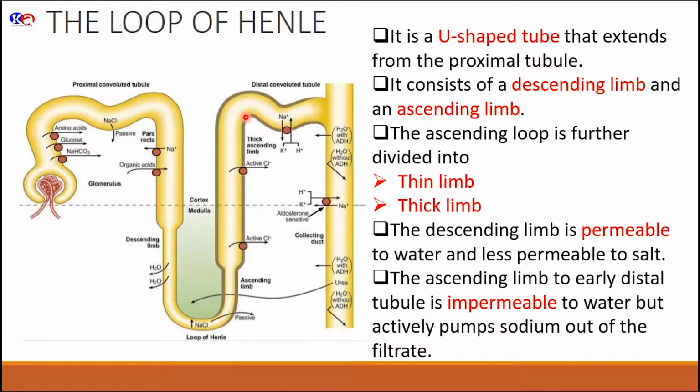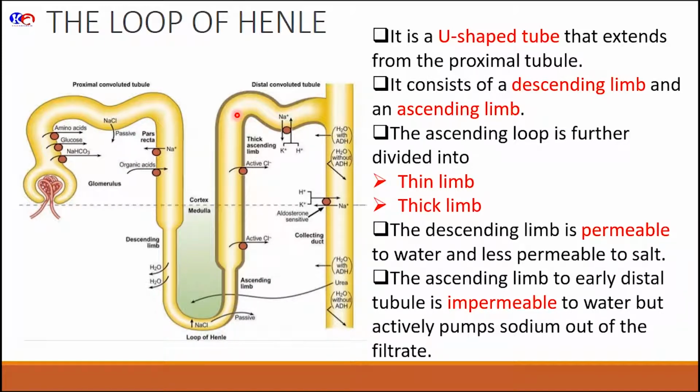The ascending limb to the early distal tubule is very impermeable to water. That means water is not allowed to move out of the tubule, thereby making dilution possible. There is a part whereby the filtrate is very what? Diluted.